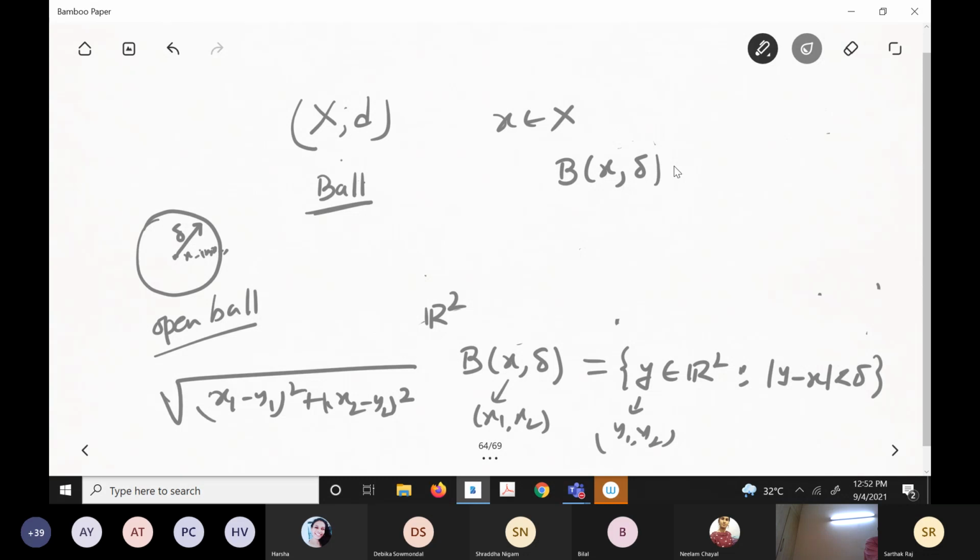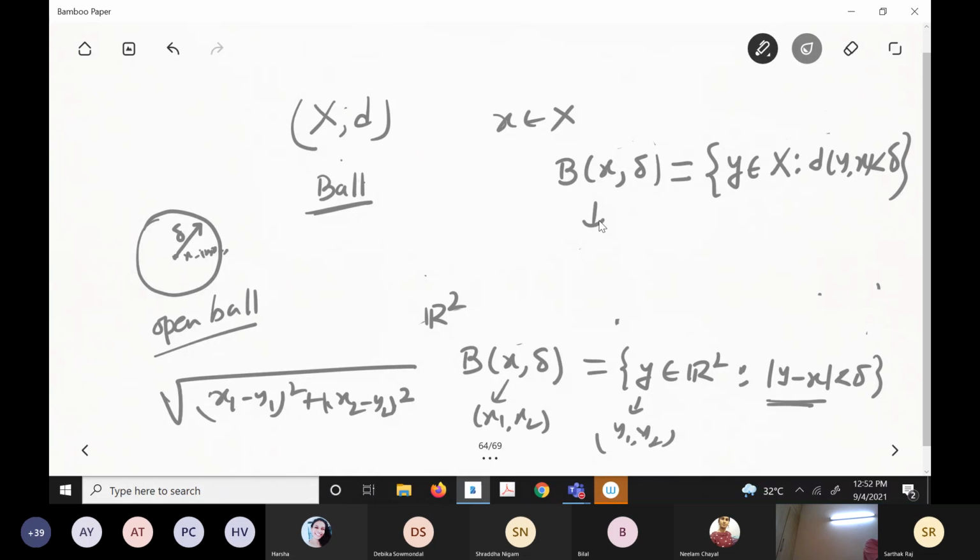Then what should the definition be? I should have a point y, in place of R square it will be X again, such that d(x, y), that is d(y, x), is less than delta. That's exactly the thing. This is called the open ball.